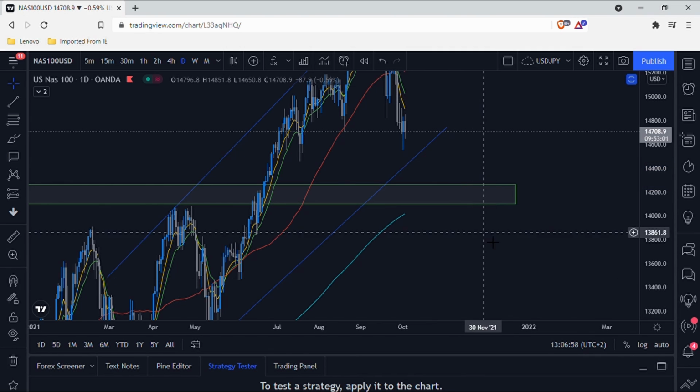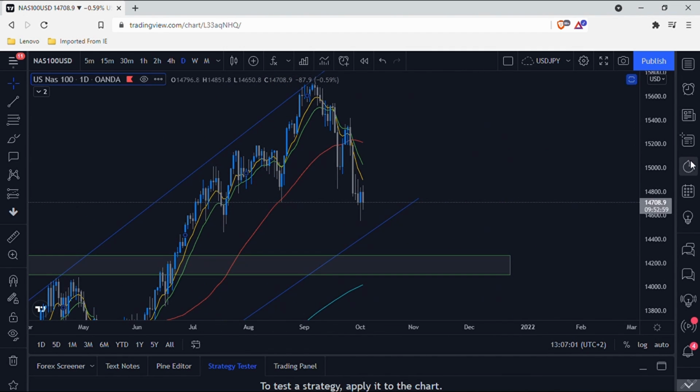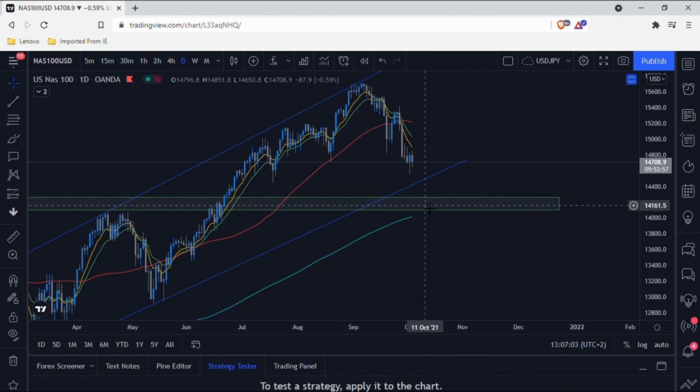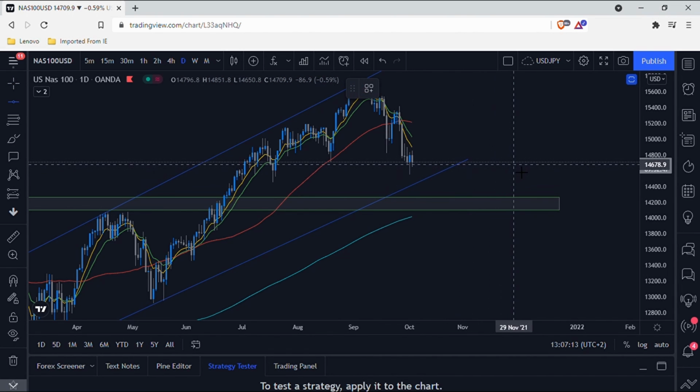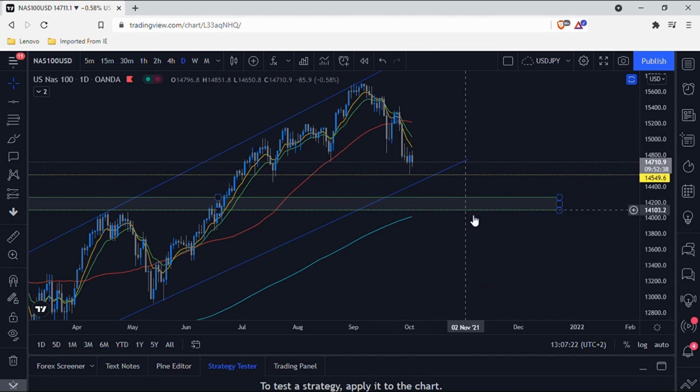So in an attempt to be ready for both ways, right now I've set up a buy limit around about here. I think it's 14,550. That's over here. So let's say around about there, I have a buy limit out here, right?